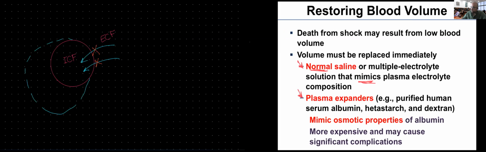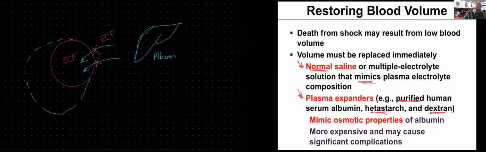Also, something that we might consider is the plasma expanders. Plasma expanders are things like purified human serum albumin, hetastarch, and dextran. The purified human albumin is a protein released from the liver normally.